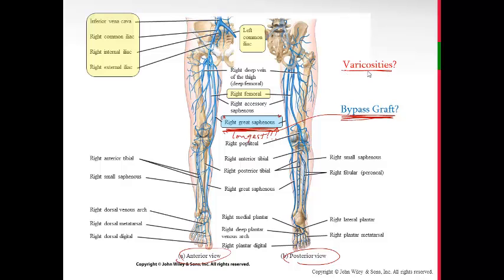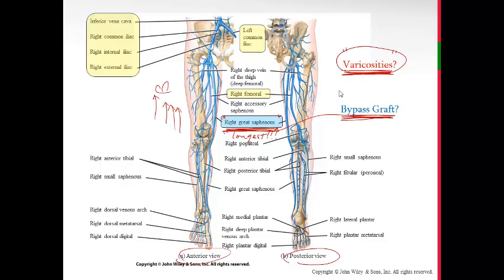Now also in our lower limb, these veins are very highly subjected to varicose veins, varicosity, because of a lot of pressure, and the veins don't work very well, especially if their valves are not working very well. So it is hard to pump the blood back into the heart. So a lot of times blood tends to accumulate in the lower limbs, causing those varicose veins.